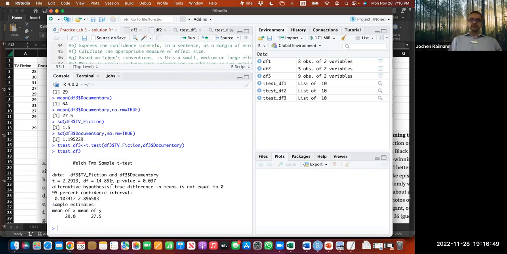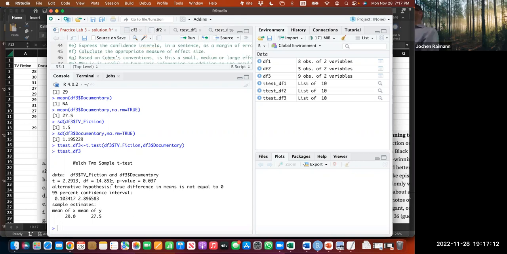We have a t of 2.3 and degrees of freedom, and this is interesting. I just want to flag this, because if you have 9 and 8, you have a sample size of 17 across both cohorts. This is important to distinguish between a paired sample t-test and the independent sample t-test, because the degrees of freedom in a paired sample t-test is the number of different scores minus 1.